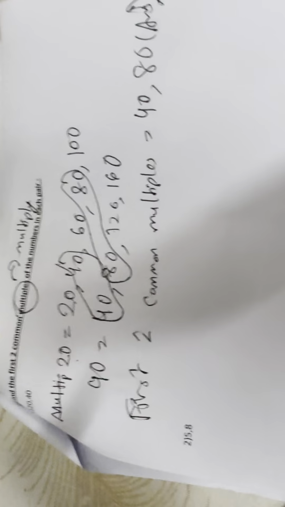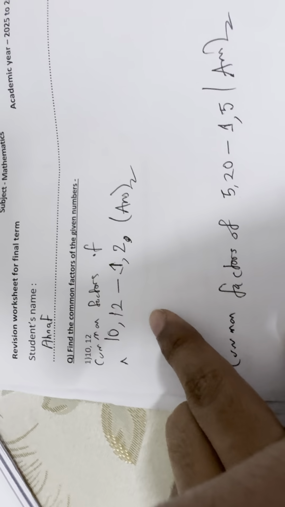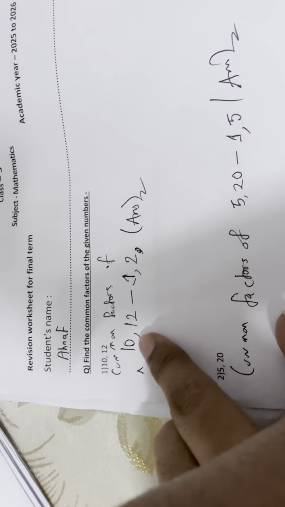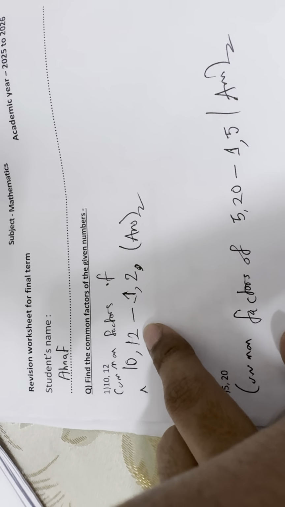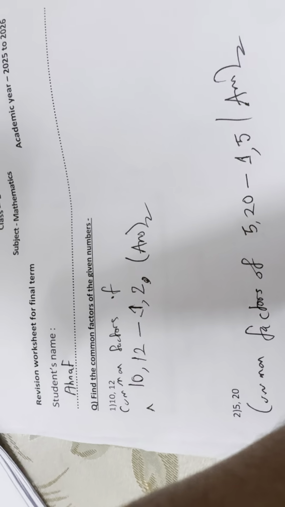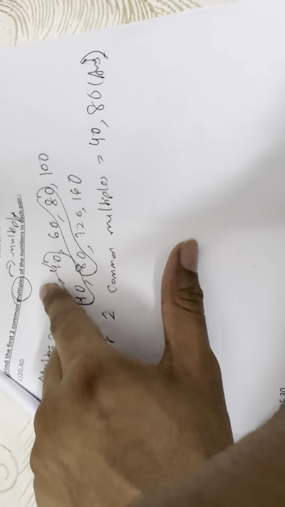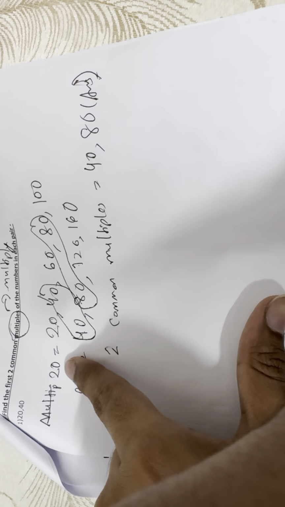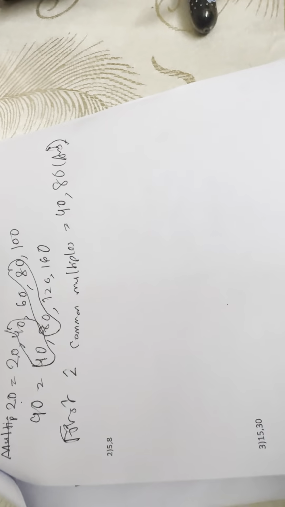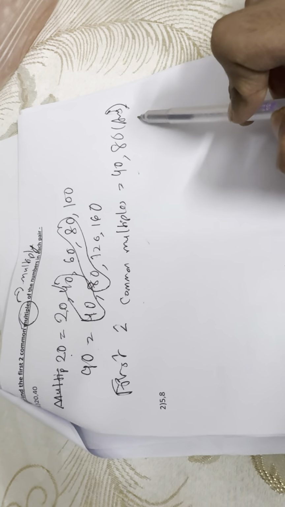Please do not confuse multiples with factors, okay? Remember, when I ask you to find the factors of 10 and 12, they will be smaller, from 10 or 12 downwards. Whenever I tell you to find the multiples, it will start from 2 1s or 2 2s of the timetables. Multiple means timetables. So I hope you understand how to find the first two common multiples.